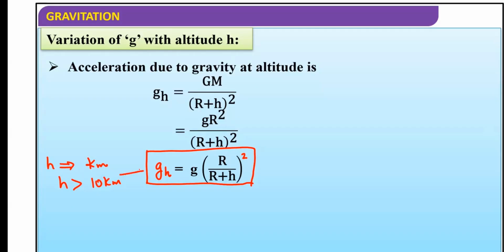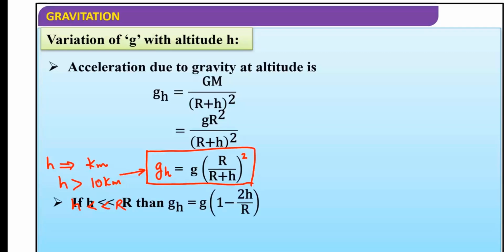Then you will use this formula: gh equals to g R square upon R plus h whole square. But if we have h very very less than R, in that case the formula is going to be g(1 minus 2h upon R). Okay, I have already given you the examples of these two things. We did some numericals also. Again in the worksheet you will find these types of questions.